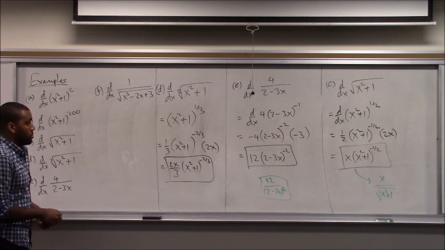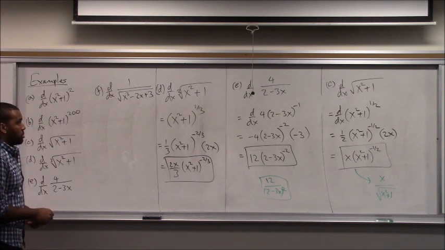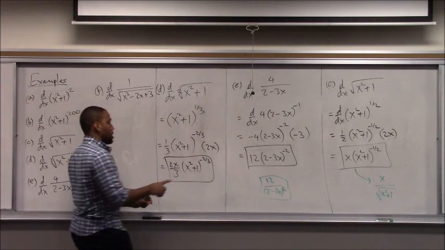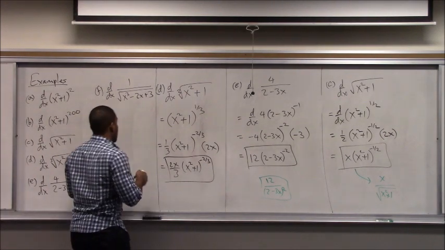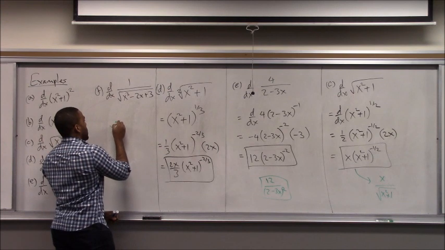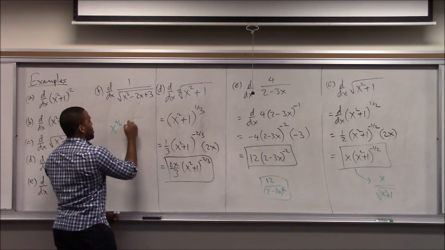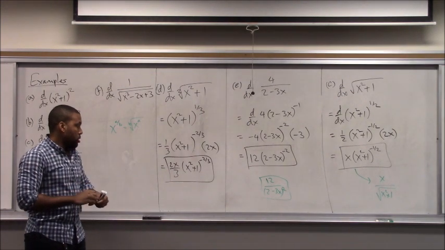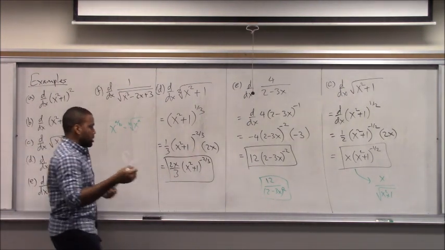How would you, for D, how would you flip it down, like with the 3? Oh, so here you'd have to remember that rule, that x to the a over b is the b-th root of x to the a. So if that's your answer, in the multiple choice it might look something like this.